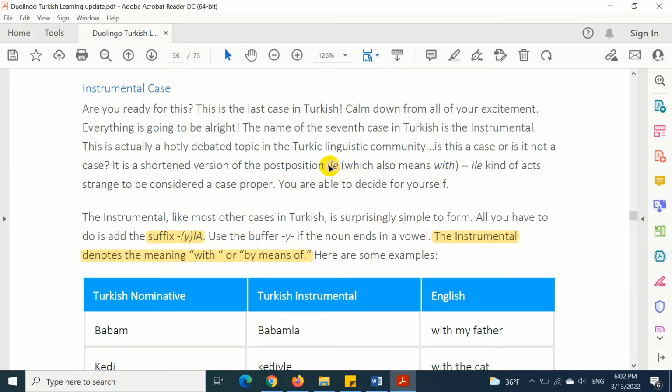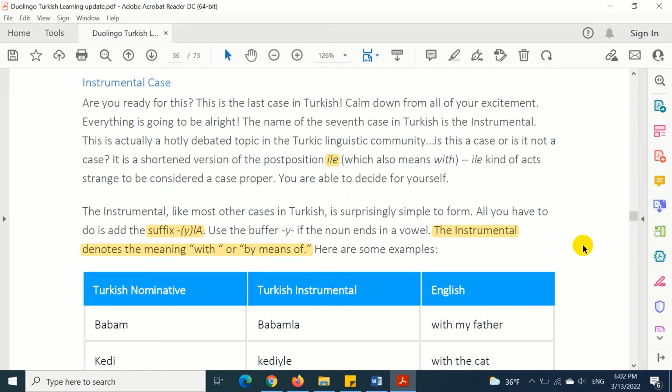Now mostly we are not using it as a separate word, but we attach it to the word. Like here you see la, because it can be either la or le, considering the two-way vowel harmony. Let's see some examples, then it gets clear.